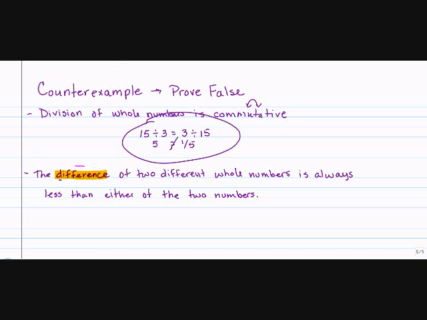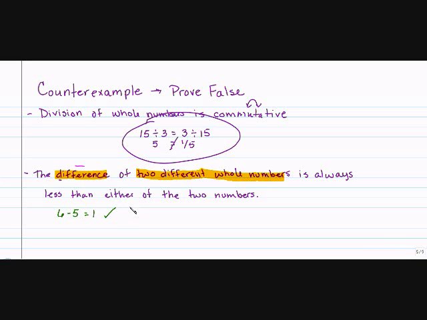We want to subtract two different whole numbers. They have to be different. And we're saying the answer is always less than these two numbers. Well, let's try it out. If I had 6 minus 5, I have the difference of two different whole numbers, equals 1. Is 1 less than 5? Yes. Is 1 less than 6?